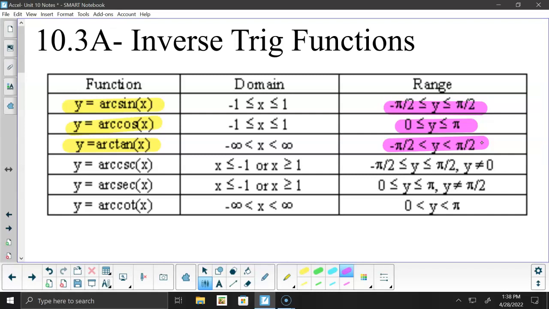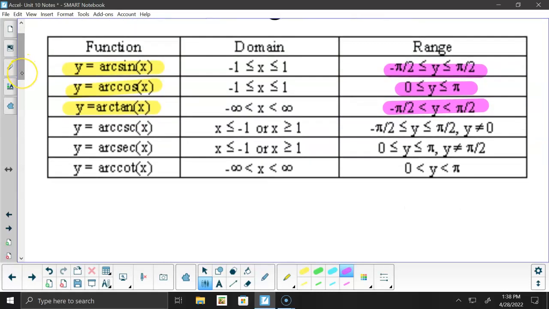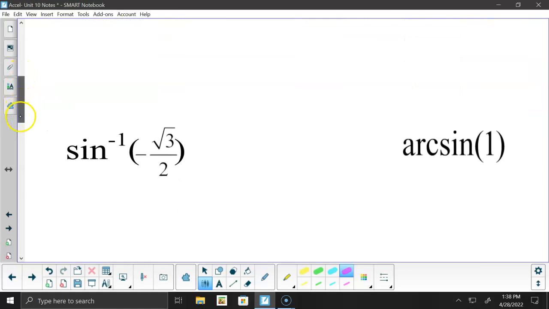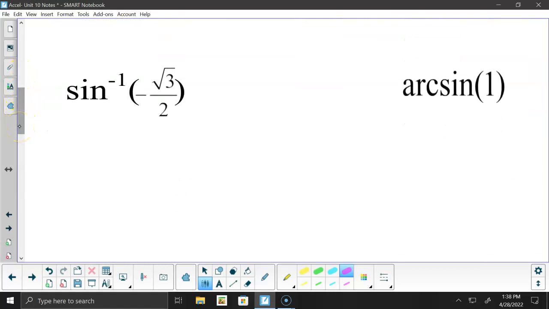Can I scroll so we can see some of the examples? You can color code them if you want. When we get down here, it'll make way more sense. All right, so write these two in your notes.